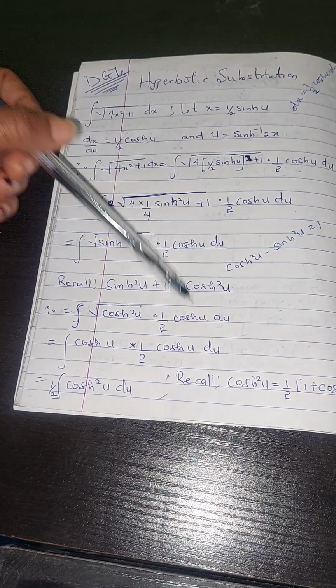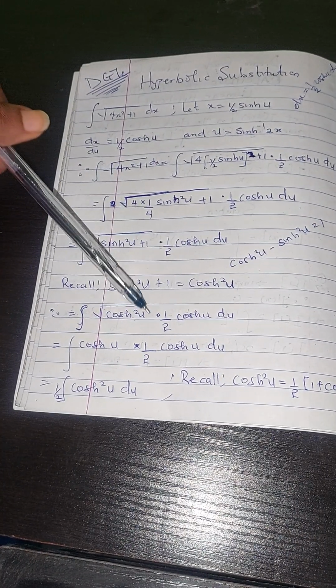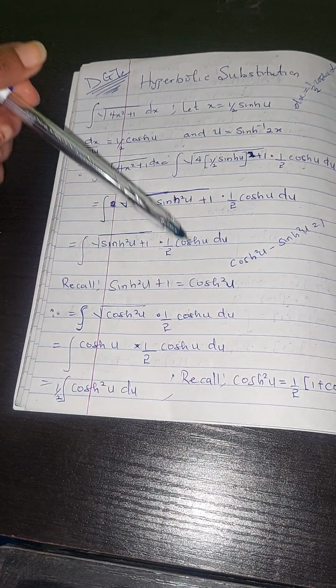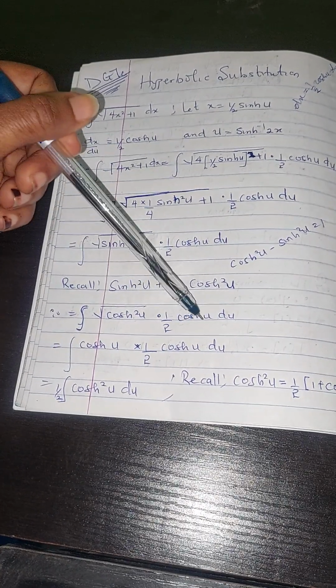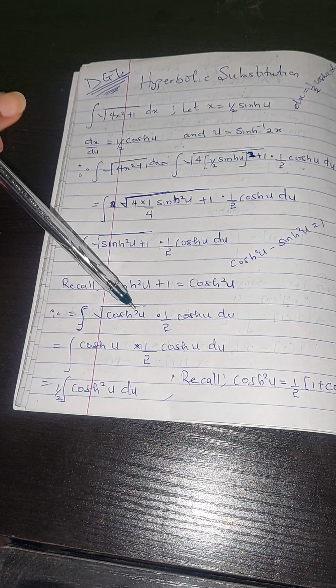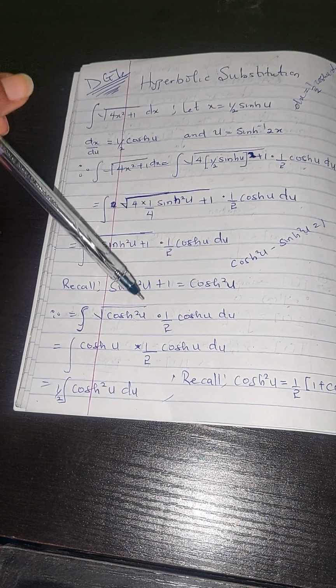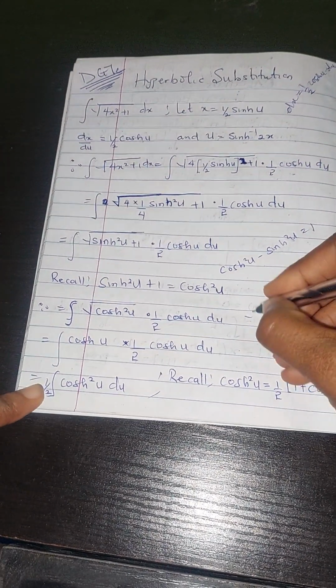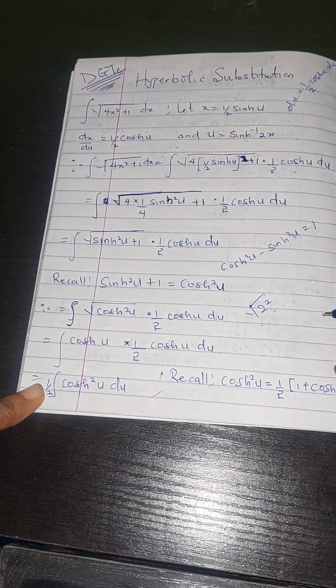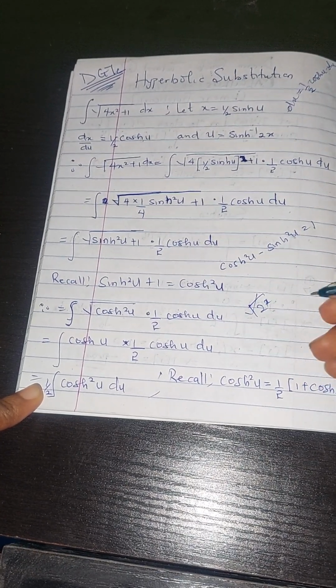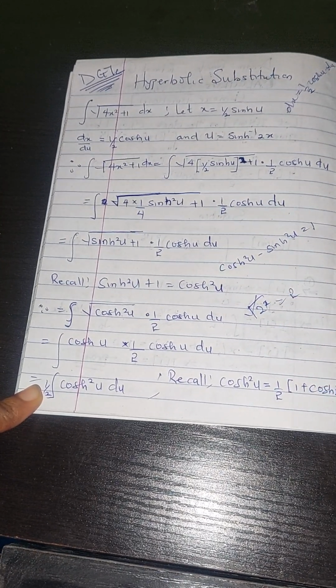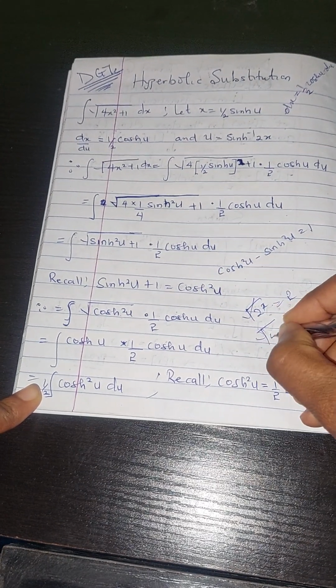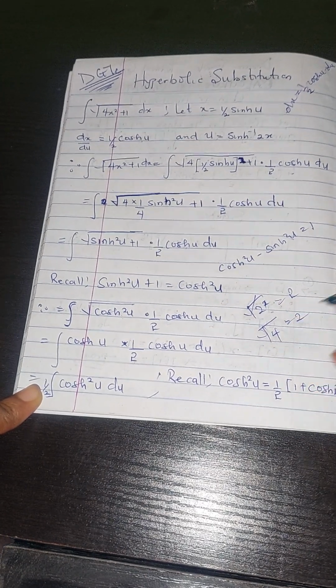So I just substitute hyperbolic cos squared u, multiplied by the same thing here, 1 over 2 hyperbolic cos u du. Now if I have the square root of 2 squared, this square will cancel the square root, so I'll be left with 2. The same as 2 squared is 4, and the square root of 4 is 2.